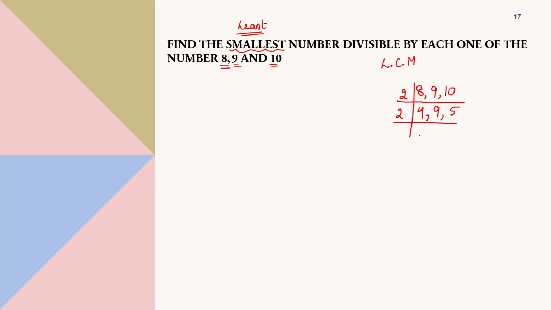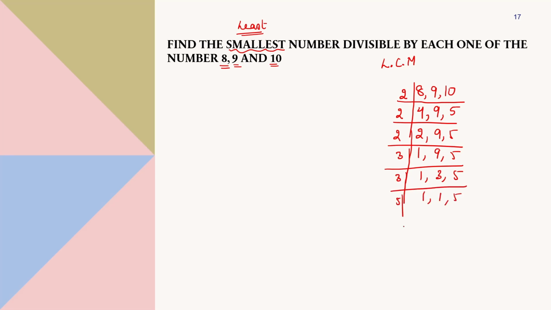Now again 2, 9, 5, then 1, 9, 5. Then we'll move to 3, 1, 3, 5, then 3, 1, 1, 5 and 5. 1, 1, 1.